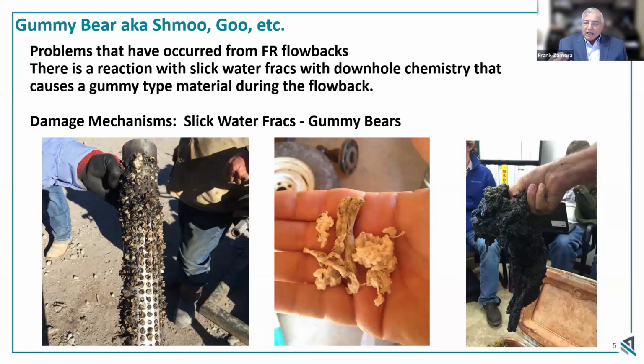So we get some of these samples and we try to evaluate, is it really the polymer? What exactly is the composition of some of this gummy bear? And this is where we're going next, is let's break this little guy down and figure out what is the composition, what's it composed of, and how do we remediate it? And how do we keep it from happening?